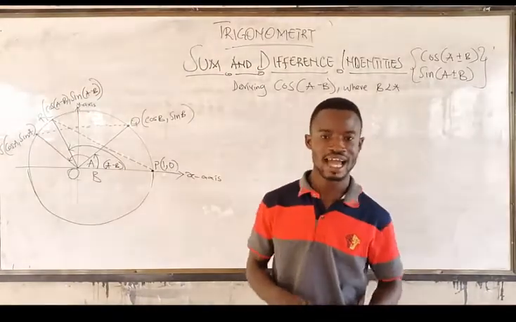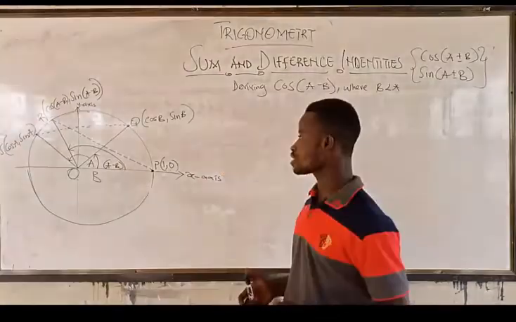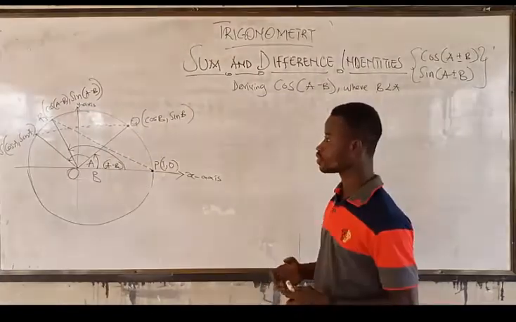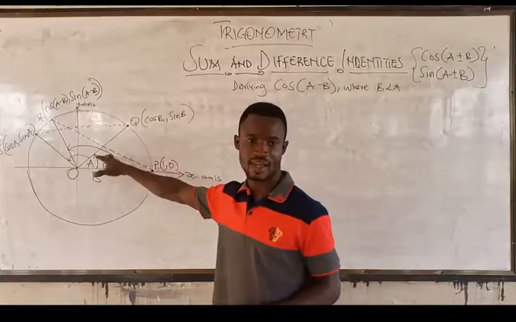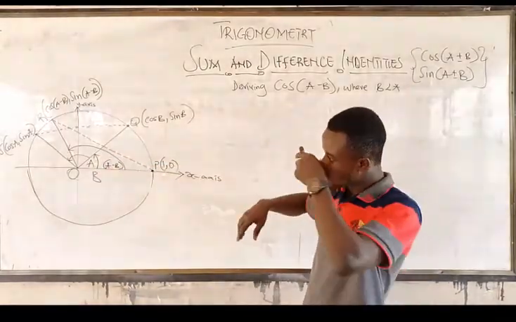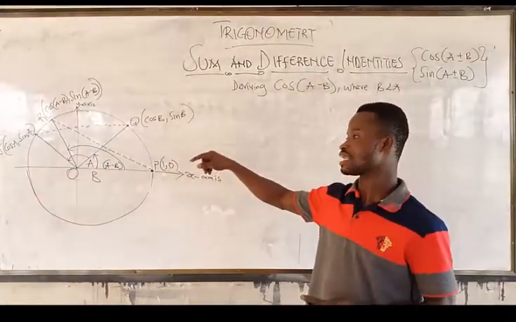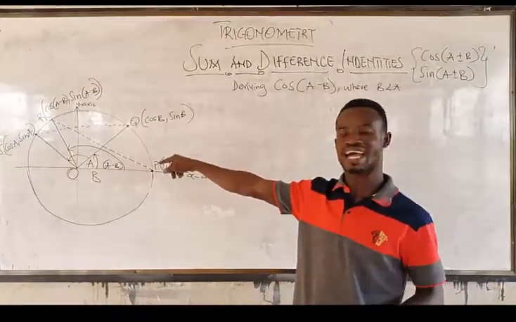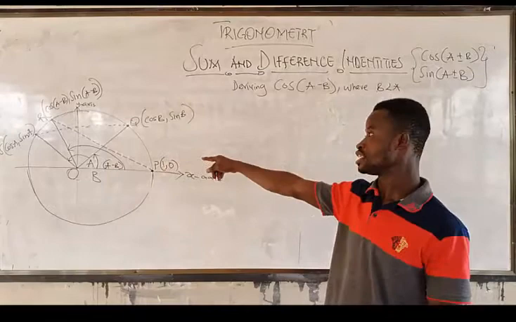Now, you have to also see that this intersects the circle, and that's why we have located point R on the unit circle.